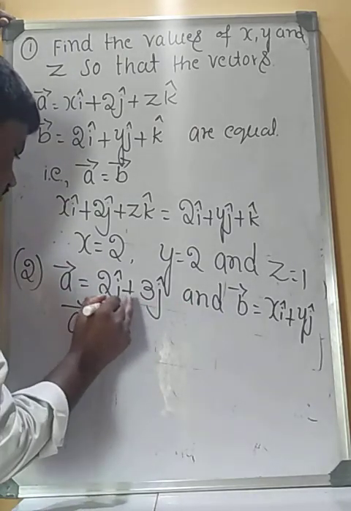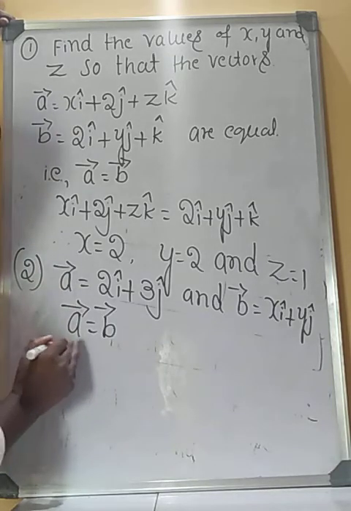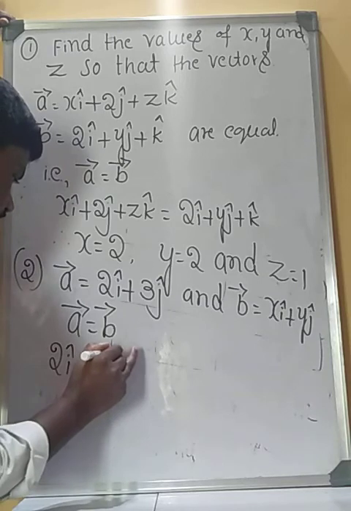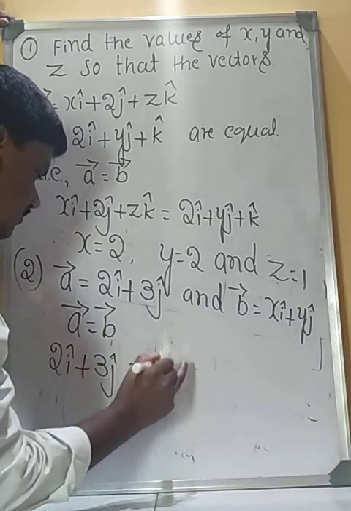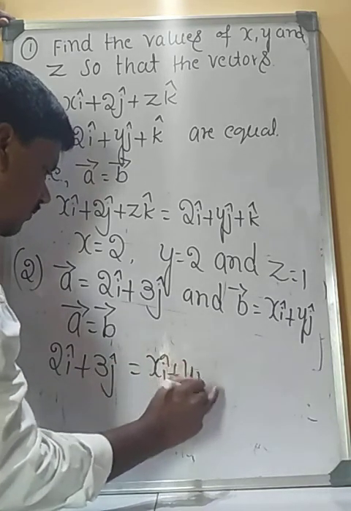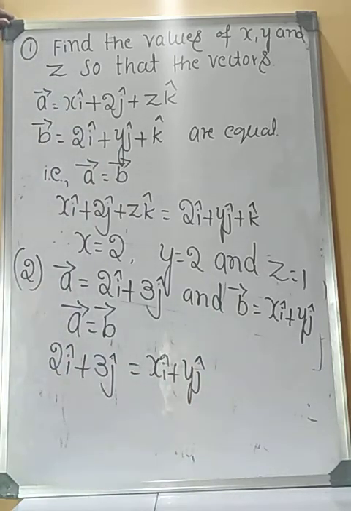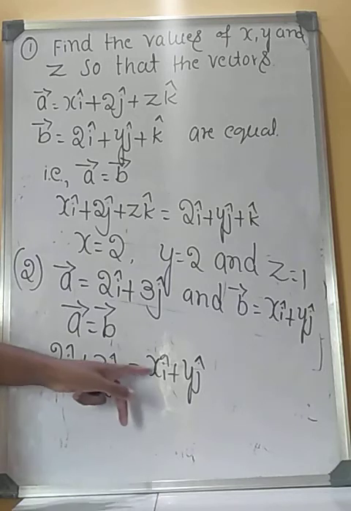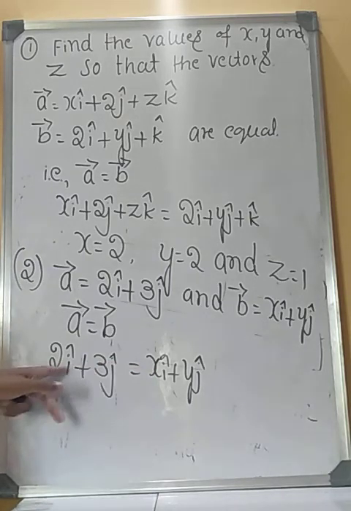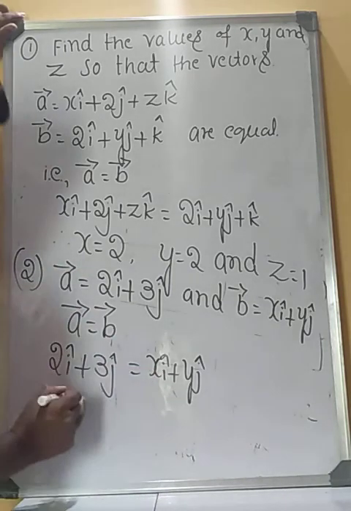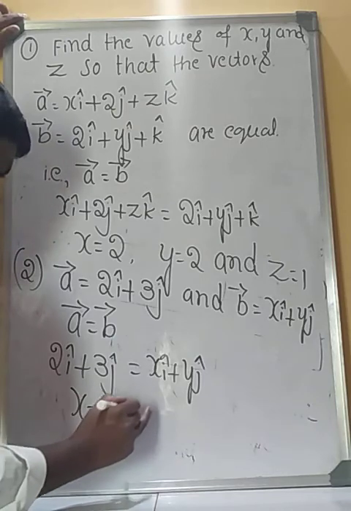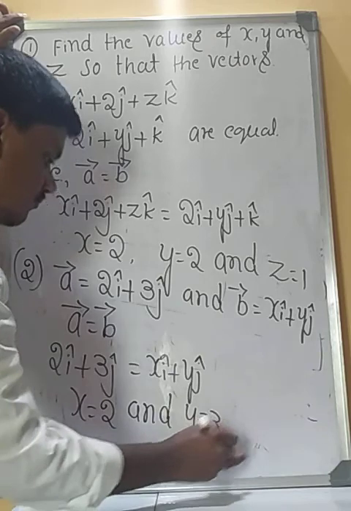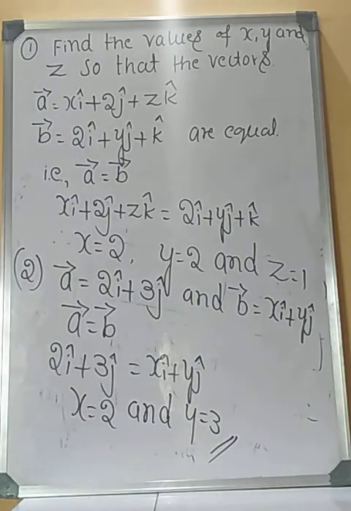Vector A is equal to vector B, that is 2i plus 3j is equal to xi plus yj. These two vectors are equal if and only if the corresponding components are equal. That is, x is equal to 2 and y is equal to 3.